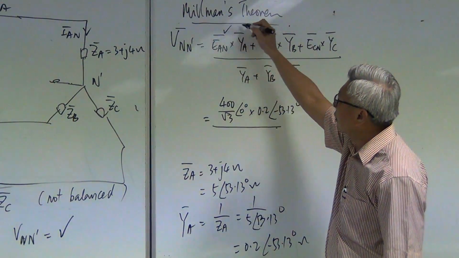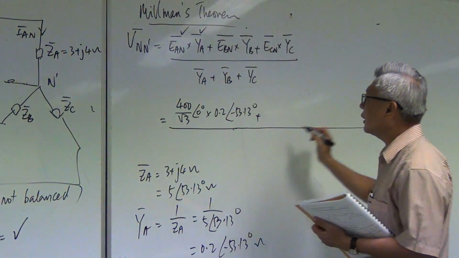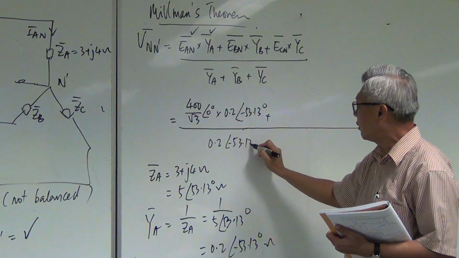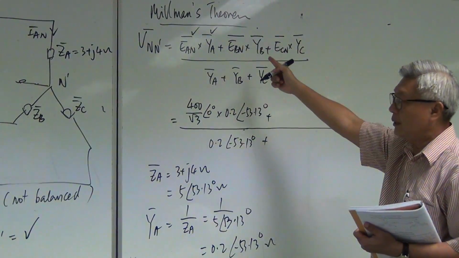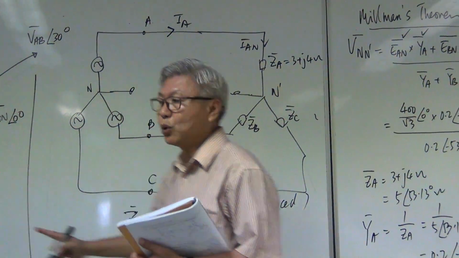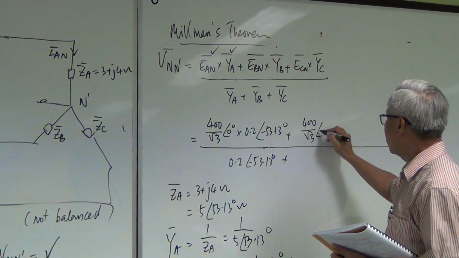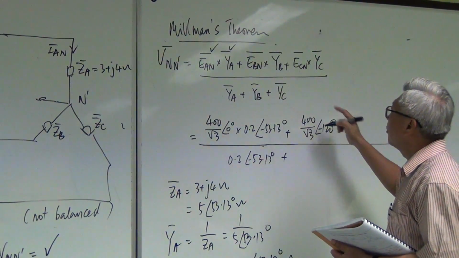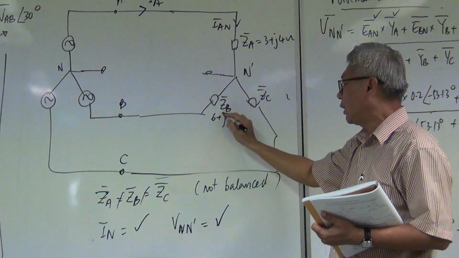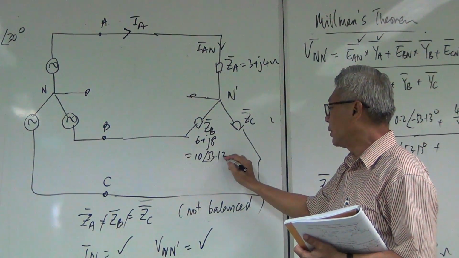So that is what I've done. I've substituted this value, and you carry on. So here will be 0.2∠-53.13 degree, plus EBN. Based on my phasor diagram, EBN is at minus 120 degree, so it's 400 over square root 3 at -120 degree, multiplied by the admittance YB. Now let's say my ZB is equal to 6 plus j8, which is equal to 10∠53.13 degree.